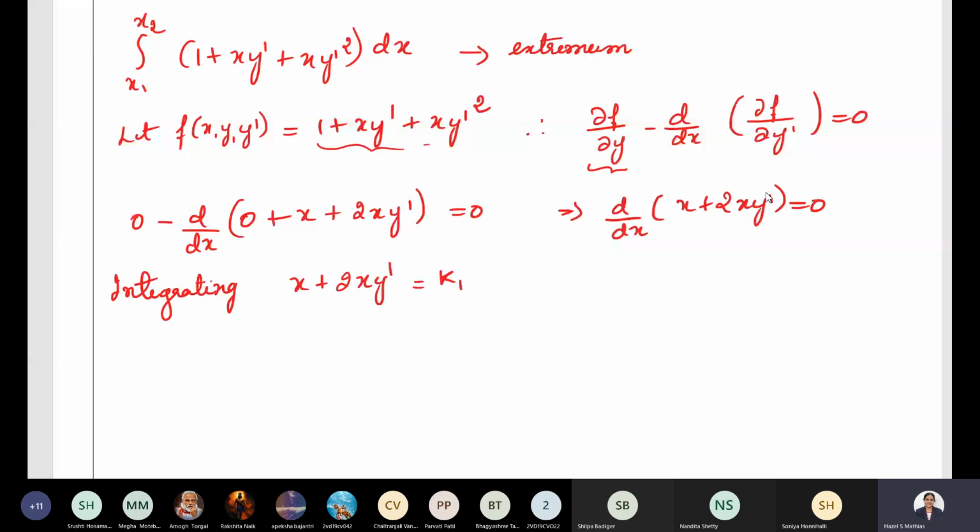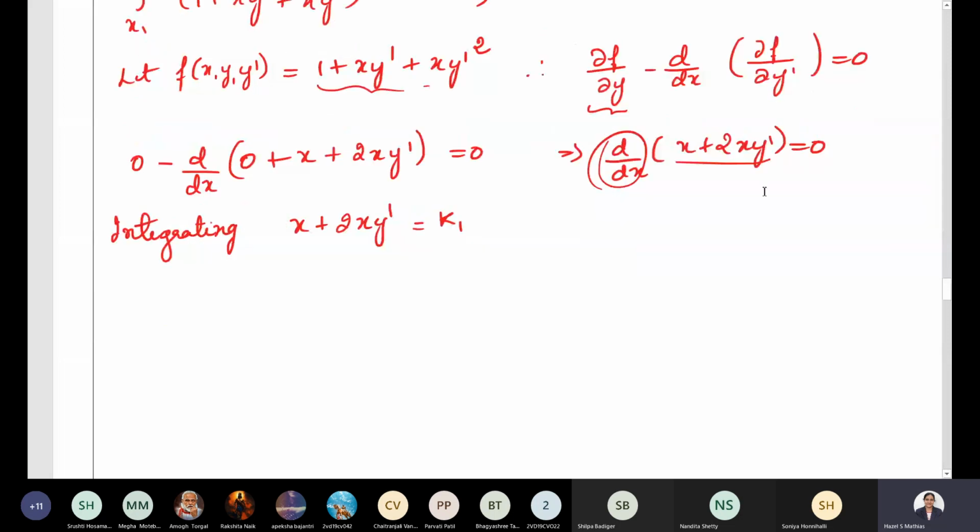So integration and differentiation get cancelled; integration of a differentiation will be the term itself. So we get x plus 2x y dash equal to k1. I hope this is clear, everyone. Is this step clear to everybody? Yes, ma'am. Okay.